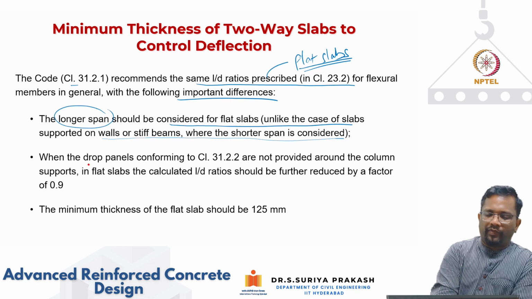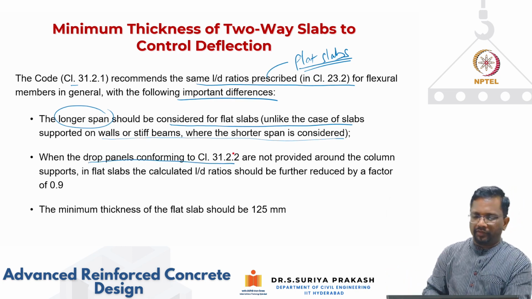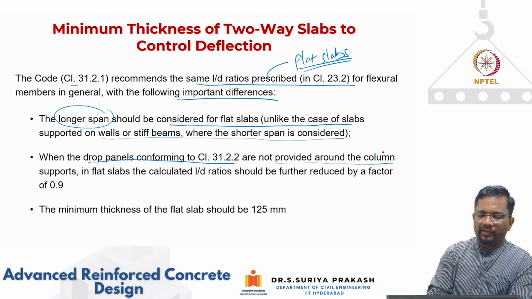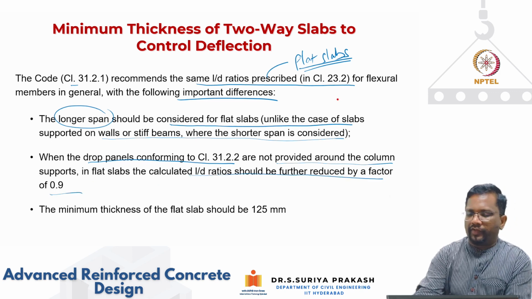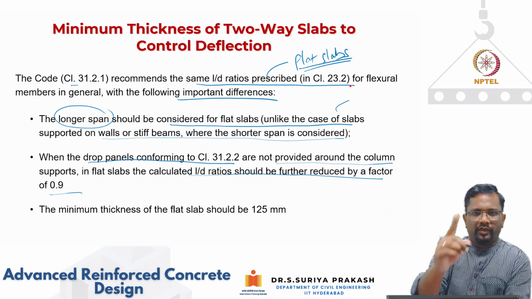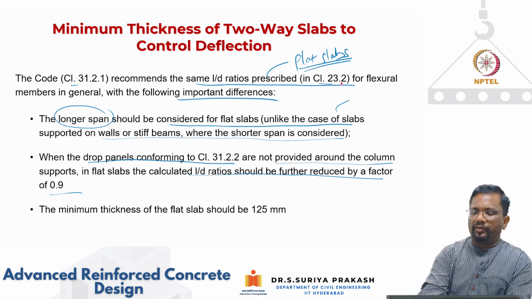Now, when you are providing a drop panel in a flat slab, as per 31.22, which again we'll discuss, if it is not provided around the column supports, then again for a flat slab, the L by D ratio should be further reduced by a factor of 0.9. So that means, first, whatever the L by D ratio given in 23.2, there you have to use the longer span. That is the first condition when you apply to flat slabs.